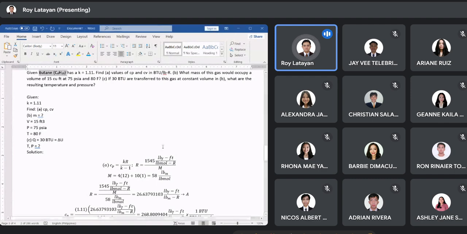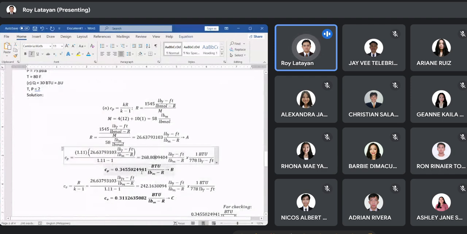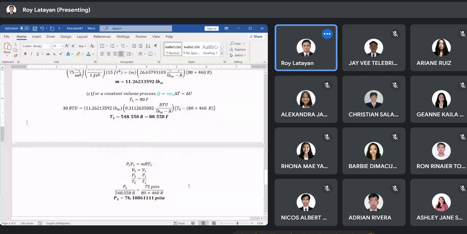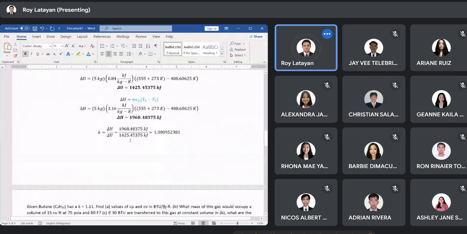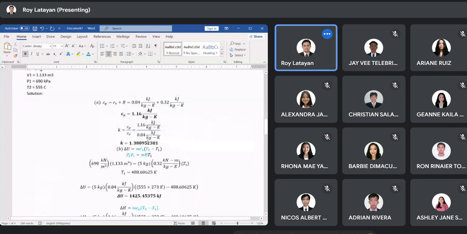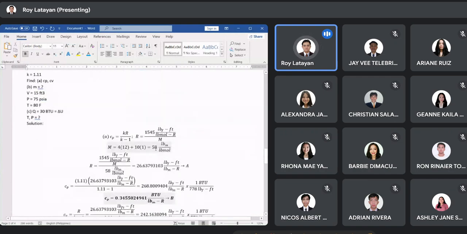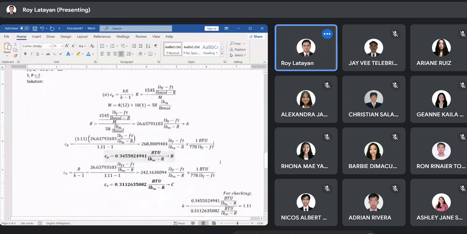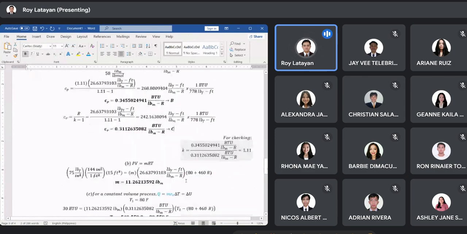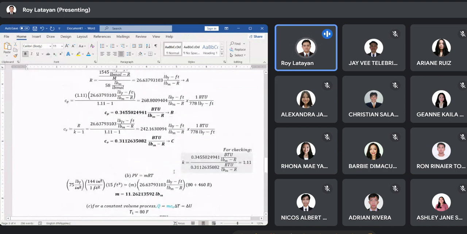So, may law of conservation of energy. Sabihin ko na, may law of conservation of energy ulit tayong problem. Tapos, ideal gas tsaka specific heat. So, kasama pa rin yung pinis natin na law of conservation of energy. Actually, from the start, kasi yung una naman is properties na ginagamit natin all throughout. Pero sinasabi ko na may isang problem on law of conservation of energy ulit. Tapos itong specific heat and ideal gas.